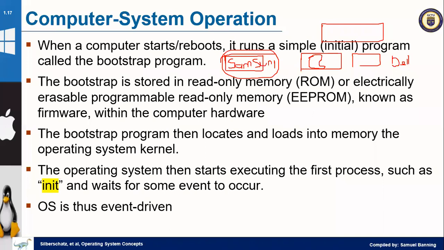So that initial program is not the operating system. At that time, the operating system has not loaded yet. What you see at that time is what we call the bootstrap. This bootstrap is software that was put on the computer by the manufacturers.